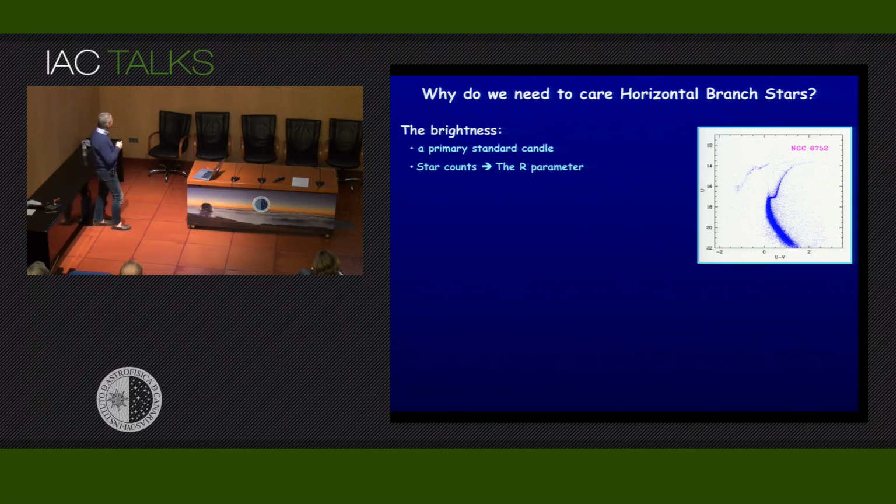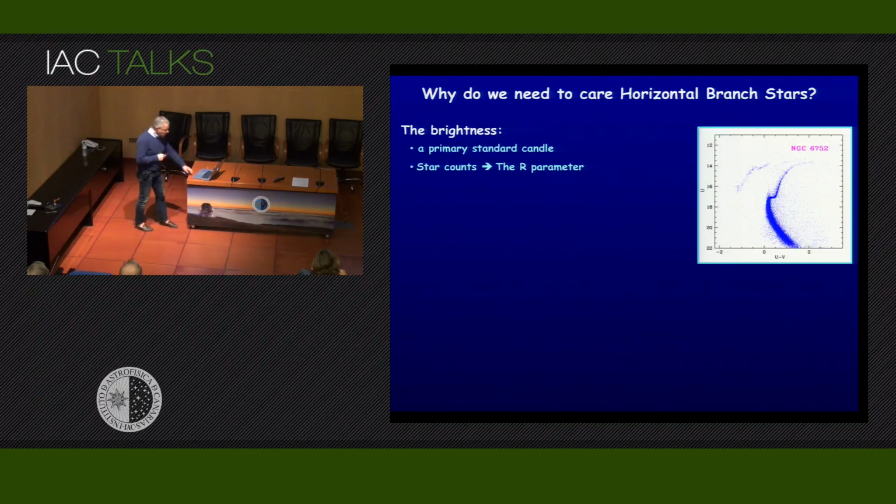In particular, there is a famous parameter, the R parameter, introduced more than 30 years ago by Iben, that is the ratio between horizontal branch stars and red giant branch stars brighter than the horizontal branch. That is one of the most used helium indicators in all the stellar population.